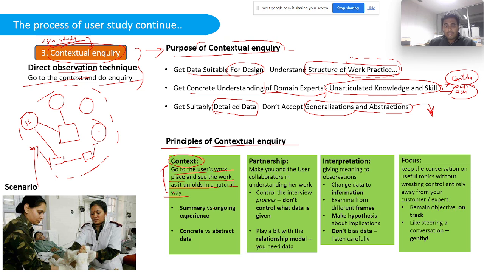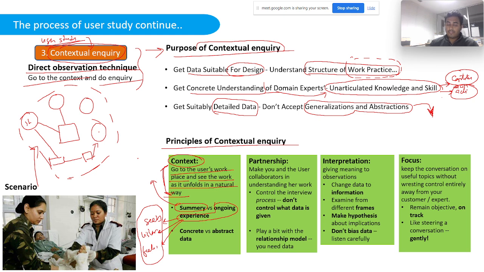The difference between this technique and an interview is that here, rather than getting information as a summary, you are getting information as ongoing experiences. You are seeing, listening, and feeling all the scenarios by being in that particular context, rather than getting secondary information based on someone's reflection.